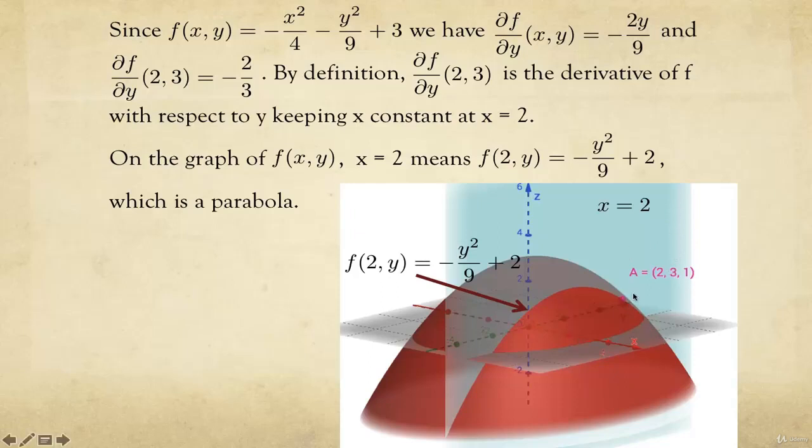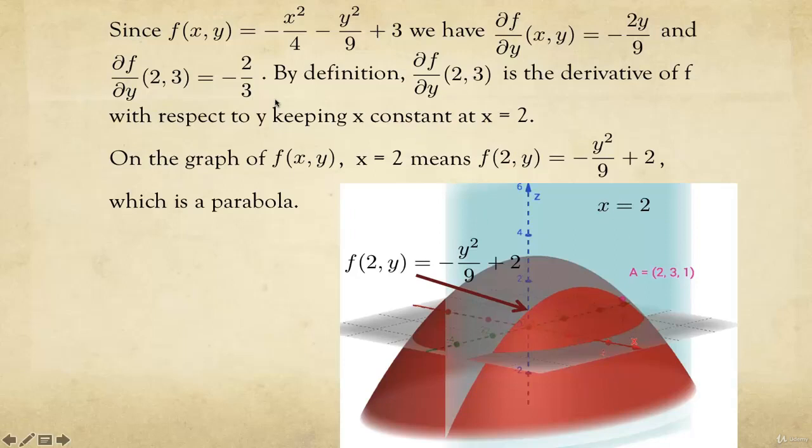In other words, the ant is only moving on this curve, which is exactly the parabola given by this function, keeping x constant at 2. And so this parabola is the intersection of the turquoise plane with the graph.